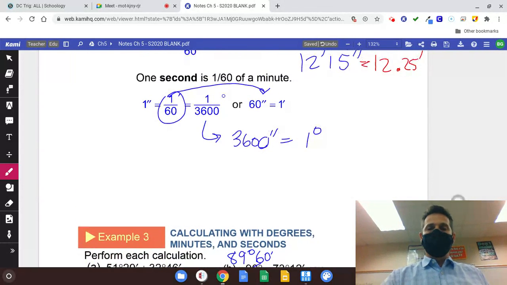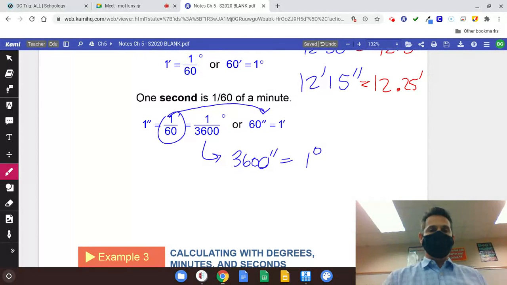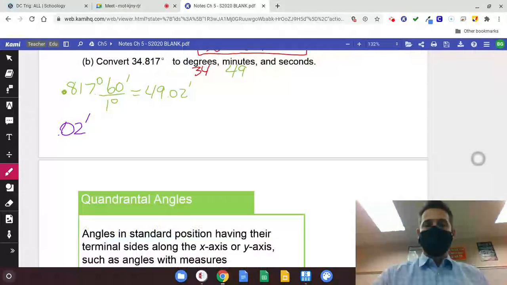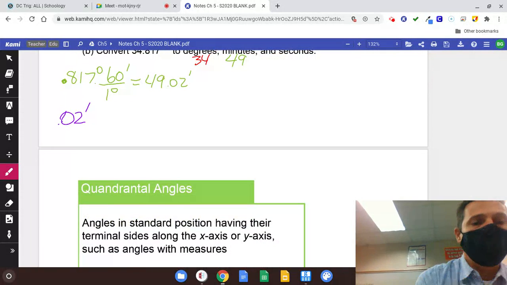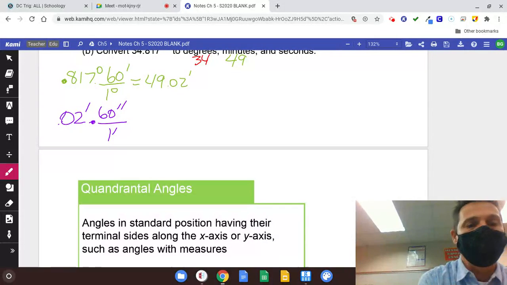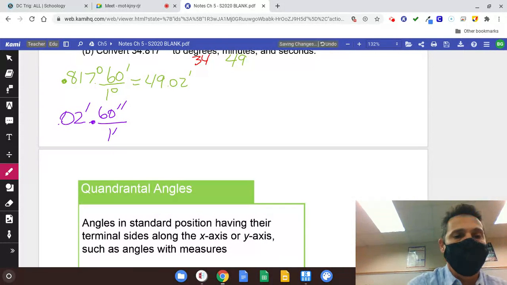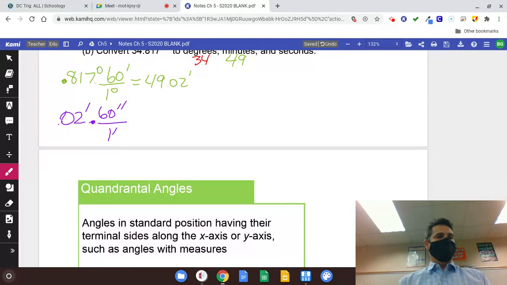So I need to go from minutes to seconds. Here's my conversion, minutes to seconds right here. 60 seconds equals 1 minute. You already know that. So you do that conversion and you're thinking, I want to cancel out minutes, so I'm going to put minutes on the bottom. 1 minute is 60 seconds. I'm trying to get seconds here. So the minutes cancel. I'm just going to multiply 0.02 times 60.